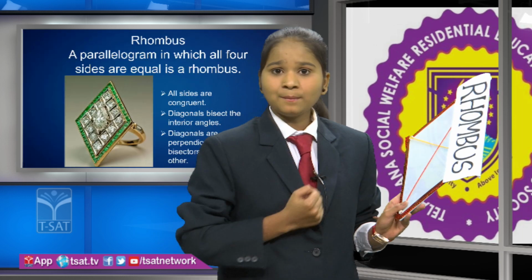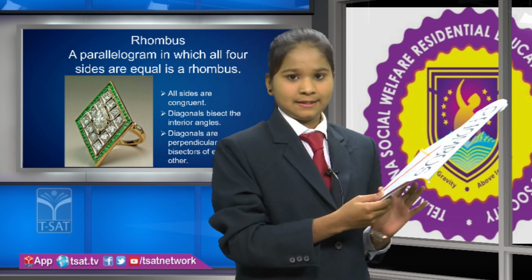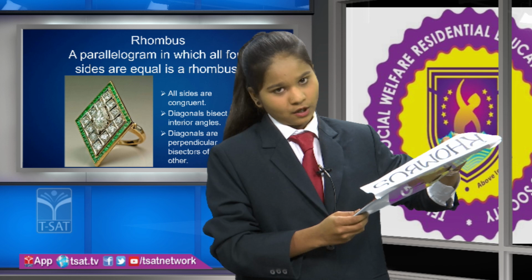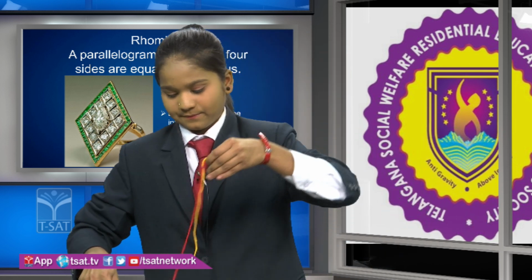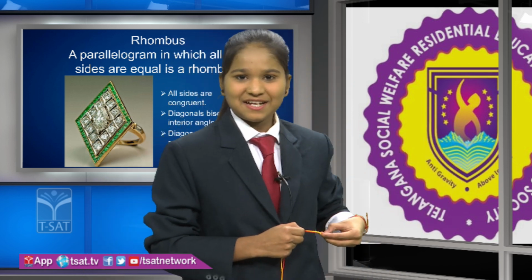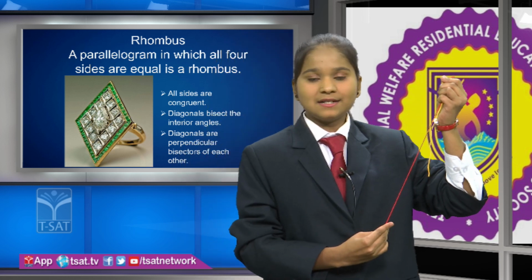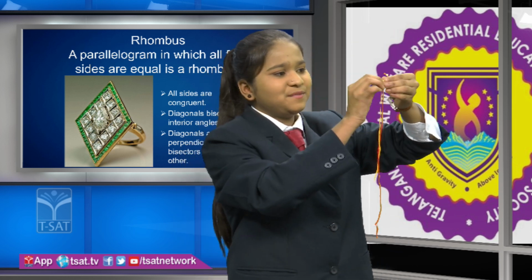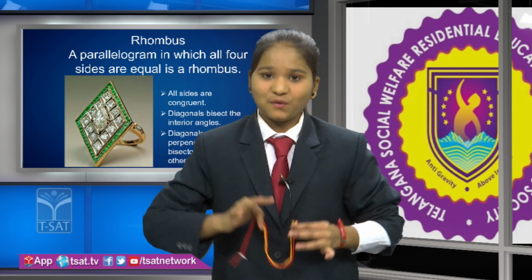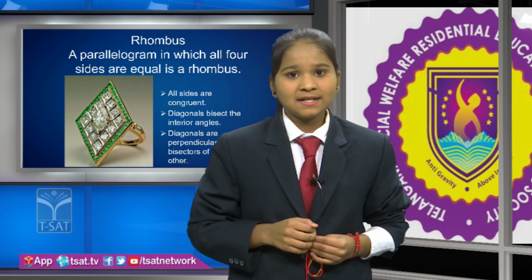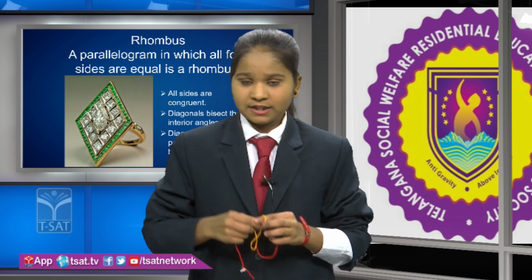In a rhombus, the diagonals bisect each other. Let us see whether the diagonals are equal or not. Here red is diagonal 1 and yellow is diagonal 2. We observe that diagonal 1 and diagonal 2 are not equal. So in a rhombus the diagonals bisect each other but are not equal.